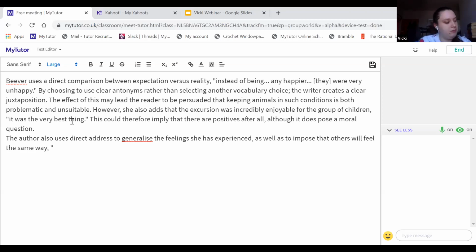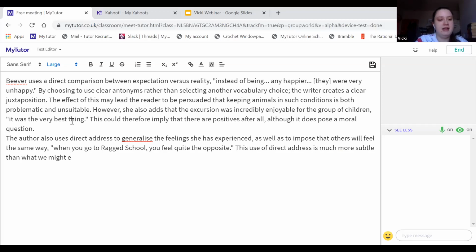Then I'm going to pop my evidence in. When you go to Ragged School, you feel quite the opposite. This use of direct address is much more subtle than what we might experience in modern literature.